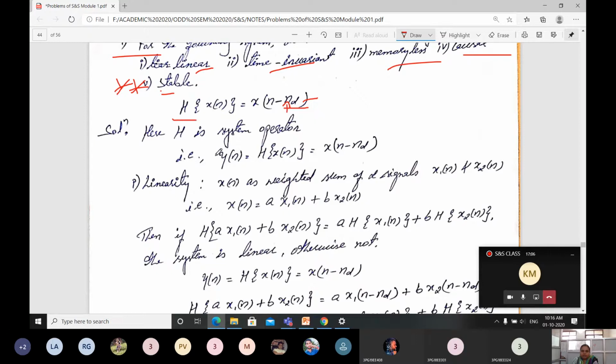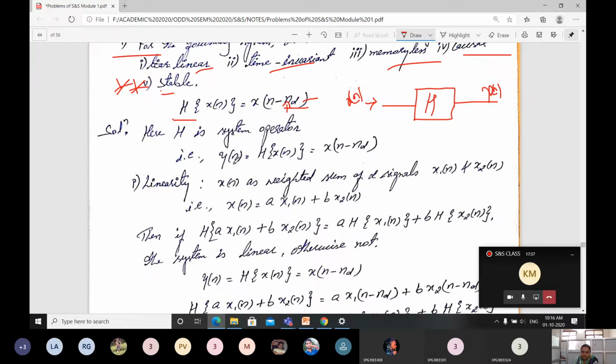Then our output is going to be taken as y of n is equal to h of x of n. Means in the system representation, the input is going to be given as x of n, the operator is h, and the output I am going to get is the y of n function.